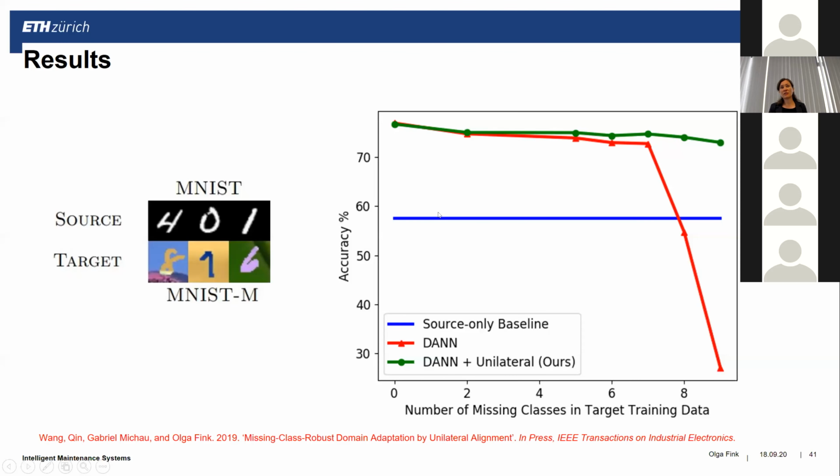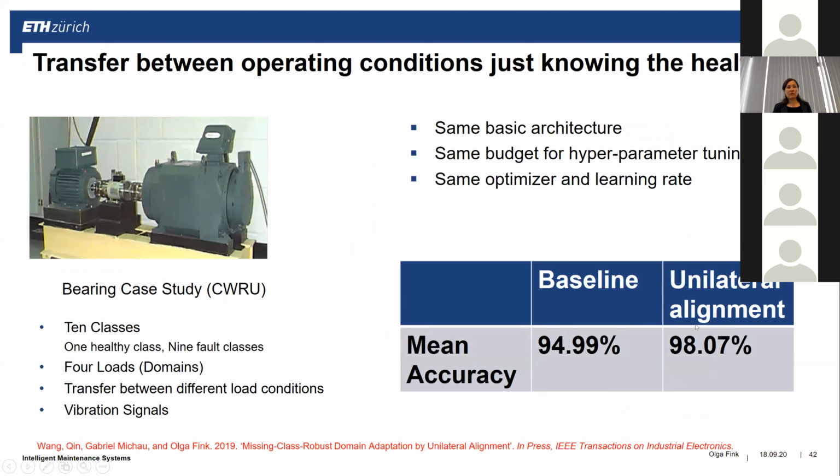And we applied the same again for the fault classification task, and for that we did perform different combinations, and I'm just showing you here the case that we only have information on the healthy condition during training time. But we also did compare what happens if we exclude a different number of classes and different combinations of classes.